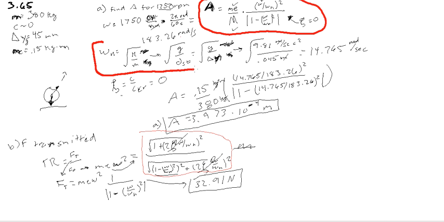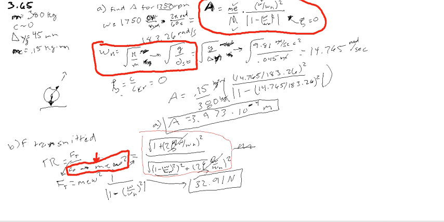This. Omega when gravity is your restoring force. Consider that. And this right here. The F naught, the original force, is me omega squared. That's very important.